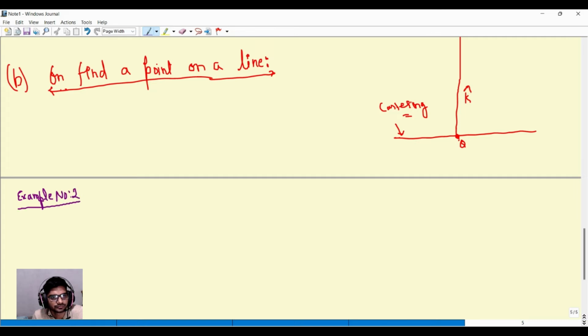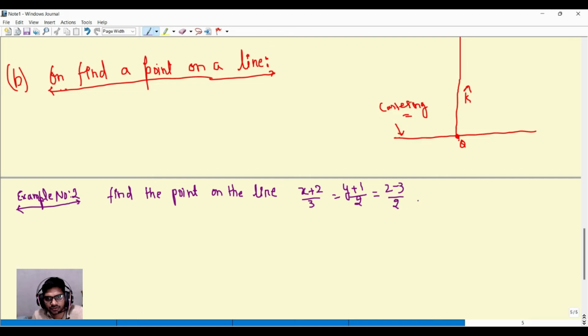Find the point on the line (x + 2)/3 = (y + 1)/2 = (z - 3)/2 at a distance of 3 root 2 from the point (1, 2, 3).